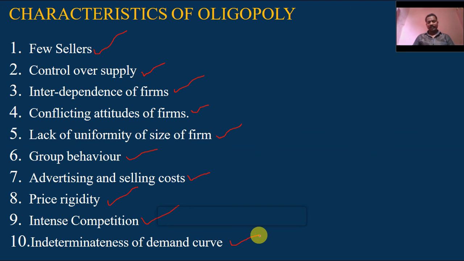Because of this, the demand curve for the product will be indeterminate or indefinite. That's what Professor Sweezy explains: it is a kinked demand curve in the oligopoly market. These are some important features and characteristics of the oligopoly market.